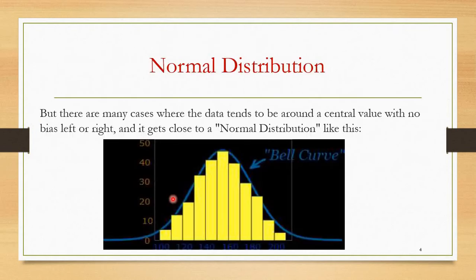But there are many cases where the data tends to be around a central value with no bias left or right, as you have seen in the previous slide, and it gets close to the normal distribution like this. That is, more concentration of the data is at the center and the curve of the data is more likely to be the bell curve, so it is close to the normal distribution.